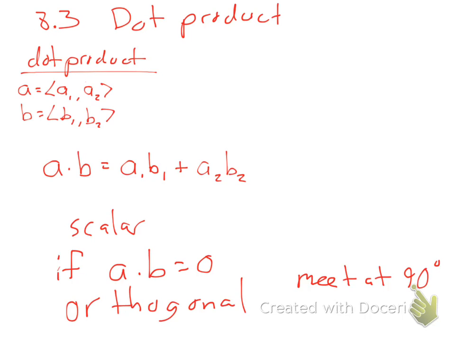So, something we can use from this is that if you are performing the dot product and you get 0, you know you're dealing with vectors that are at 90 degrees to each other, and they're orthogonal. If it's something other than 0, they're not orthogonal, and it means that they are not right angles to each other.